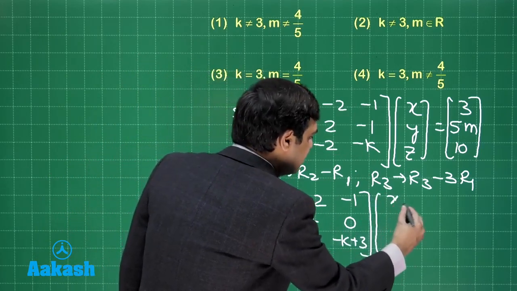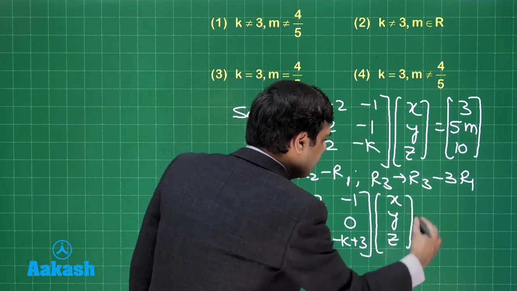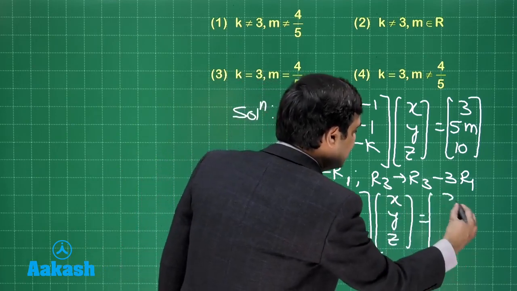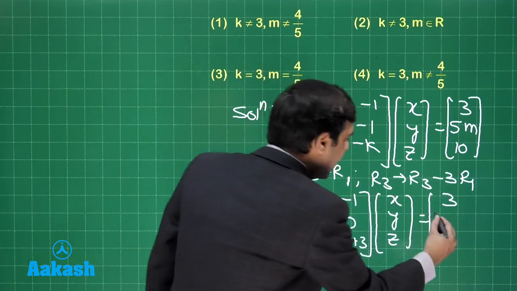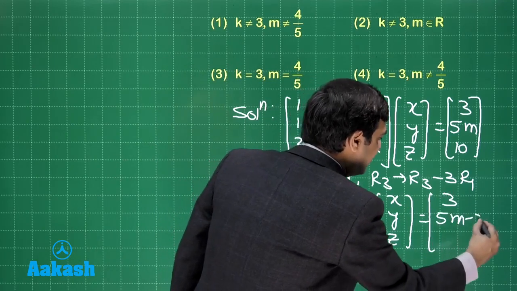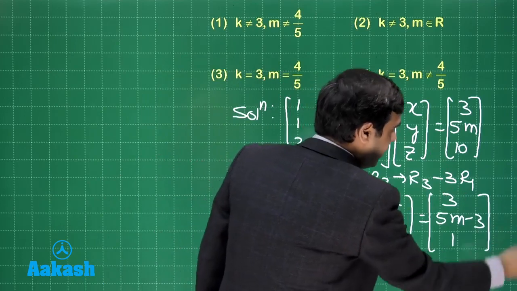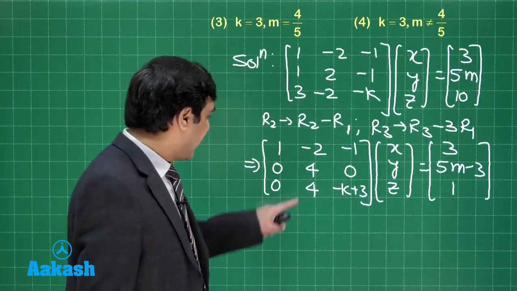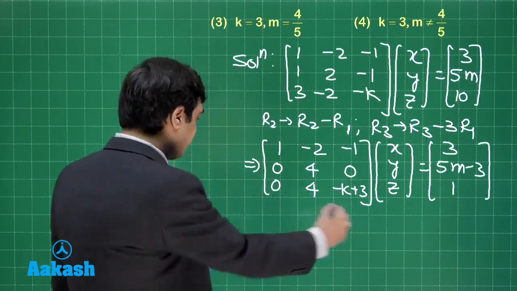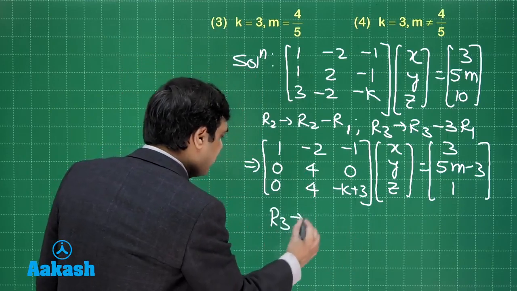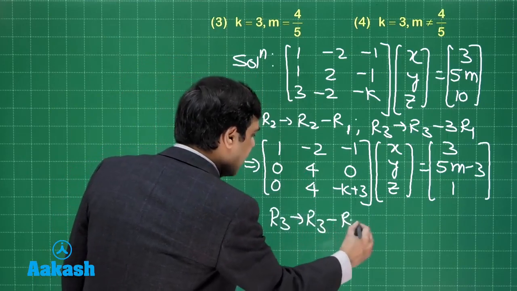Here again x, y, z. Same operation to be applied on the right hand side. So this is R2 minus R1 giving you 5m minus 3 and 10 minus 9, that is 1. I am sure this is clear. Now here I can see that this can also be made 0. So R3 is replaced with R3 minus R2.